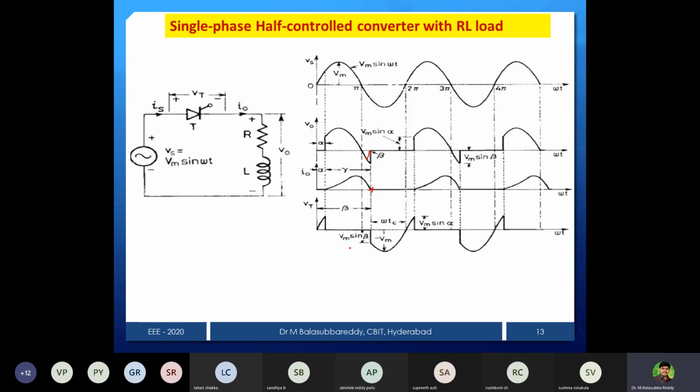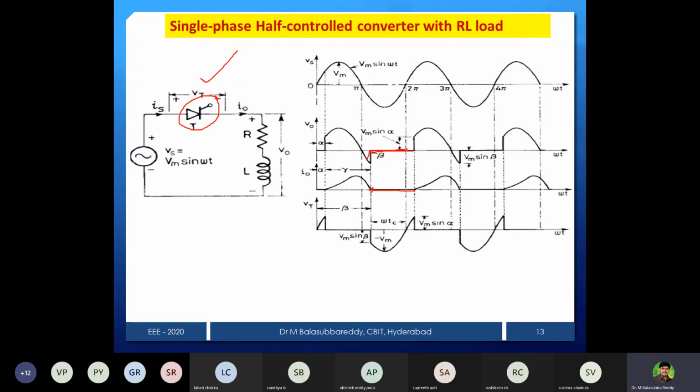And during the negative half cycle, what will happen? We can notice here, in the negative half cycle the output voltage will be 0. Why? Because the device is already turned off at beta, and during the negative half cycle the thyristor is reverse biased. Reverse biased means it won't conduct, it will be open.